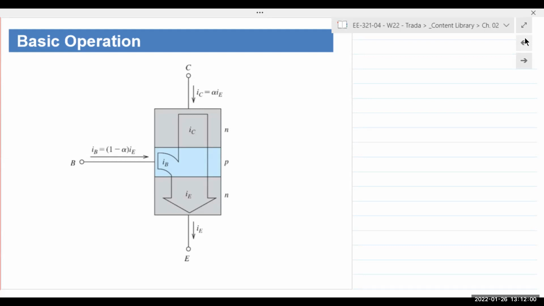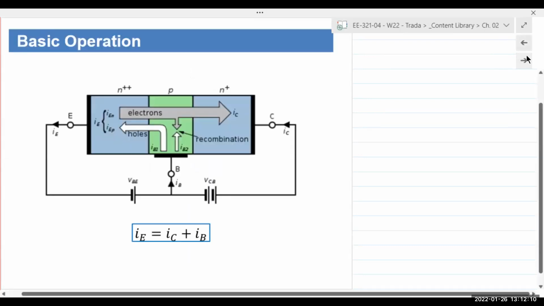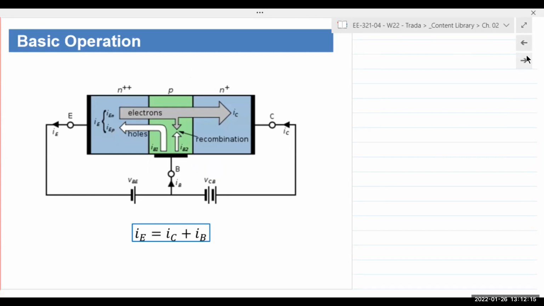As this illustration shows, the emitter current is a result of the combination of IB and IC. So IE is basically IB plus IC. And in this illustration, we looked at a little bit of the semiconductor physics or device physics of how an NPN transistor would operate.